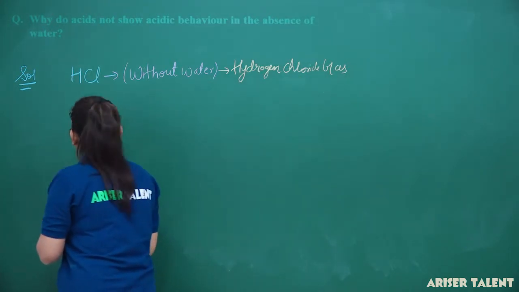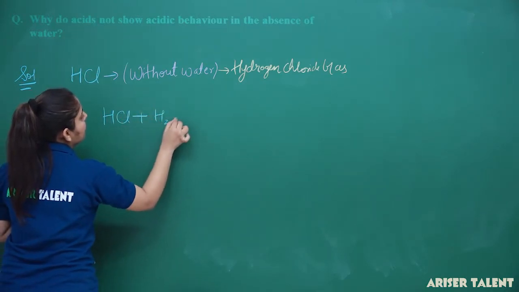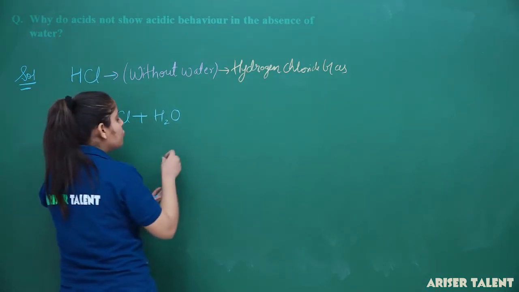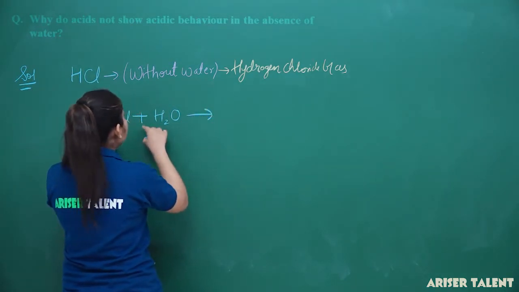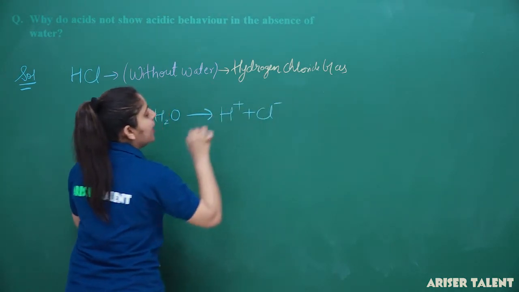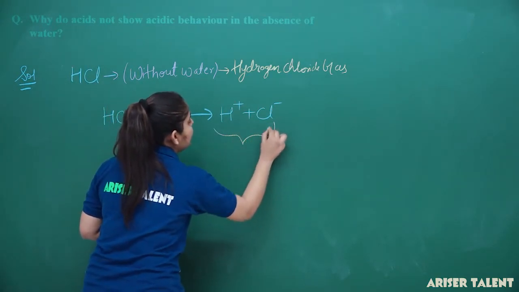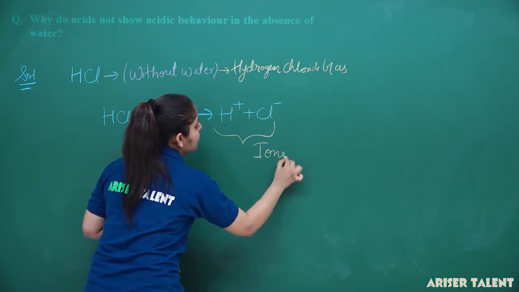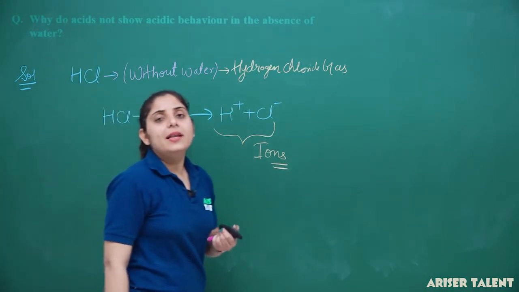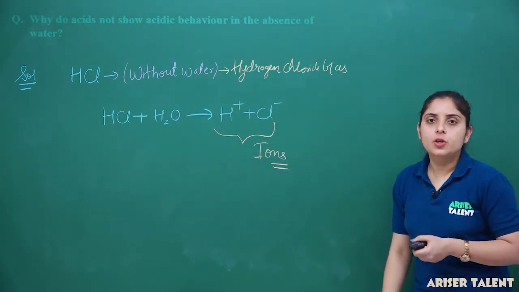But if we are considering HCl in the presence of water, this will become hydrochloric acid and start dissociating into ions. So HCl reacting with H2O gives H plus and Cl minus ions. So we can say that in the presence of water, it dissociates into ions, and if it dissociates into ions, it will be able to conduct electricity in the solution. So this will be the correct answer to this question.